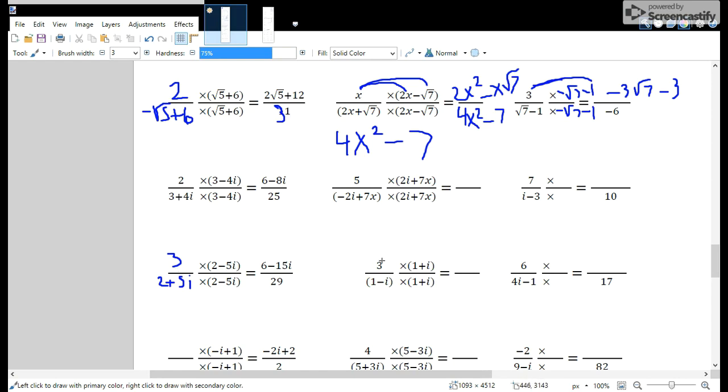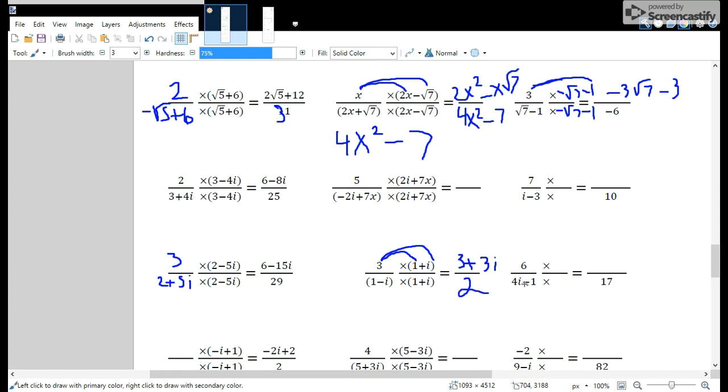Okay, let's look at the next one. 3 times 1 is 3. 3 times i is 3i. Here's our conjugates. We have 1 squared plus i squared, which that's negative 1. We just have 1 plus 1, that's 2.